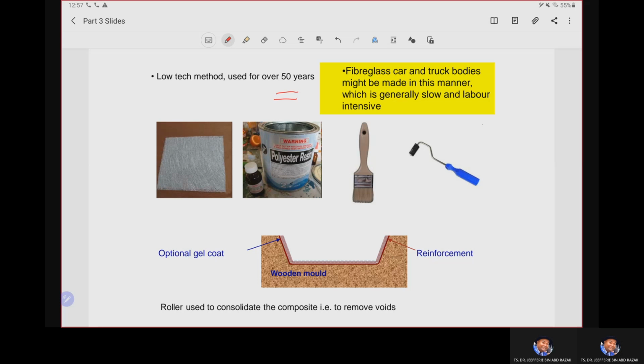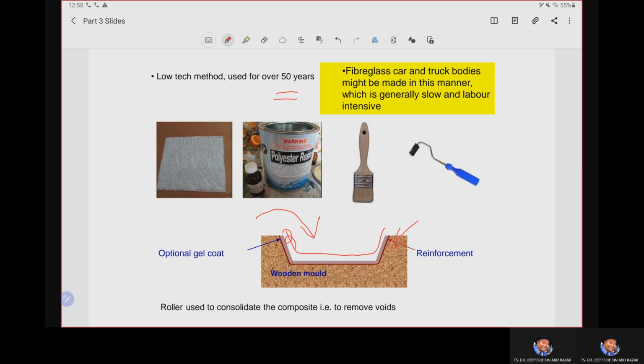And then we lay down the fiberglass reinforcement on top of the wooden mold. Next, we pour the polyester resin, or our thermoset resin as one of the thermoset plastic resins, and start to roll it.